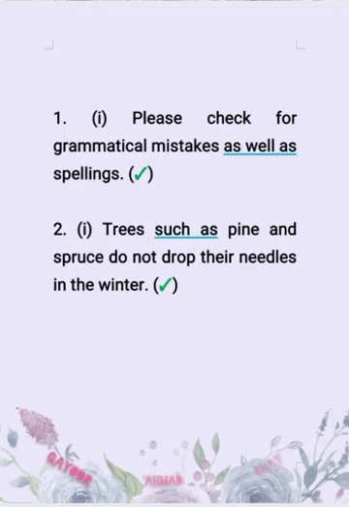The part following as well as is restrictive, and therefore a comma is not needed. Similarly, trees such as pine and cypress do not drop their needles in the winter. Here again, the part following such as is restrictive, and therefore a comma is not needed.